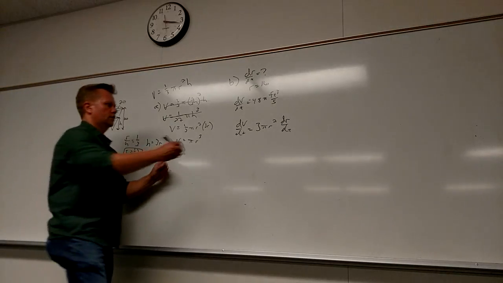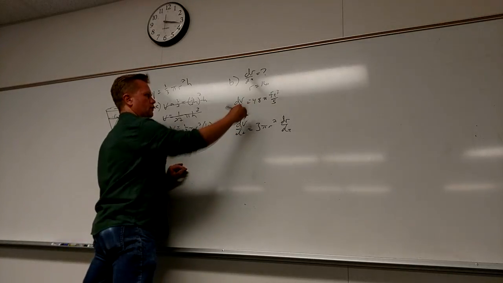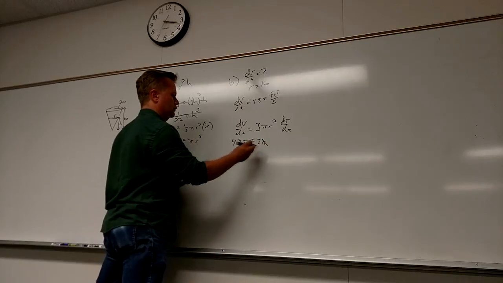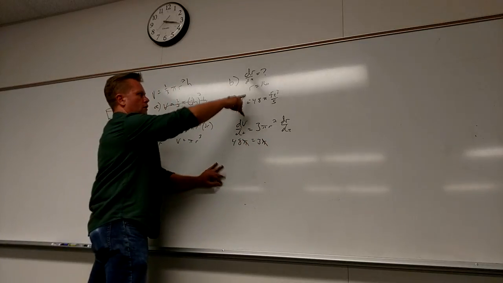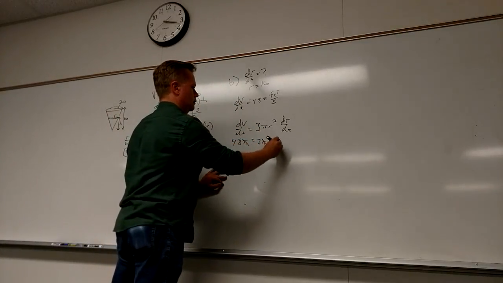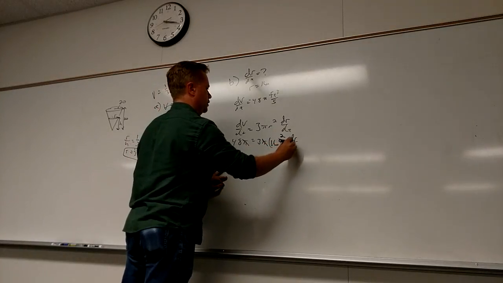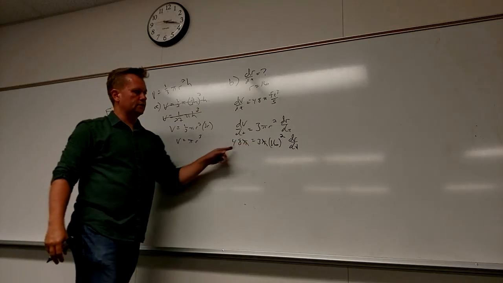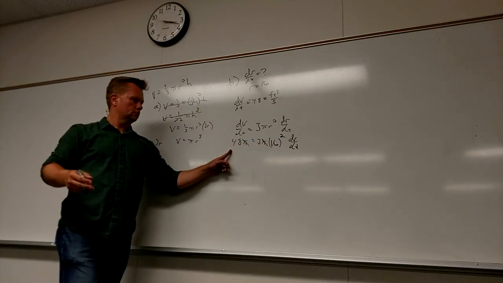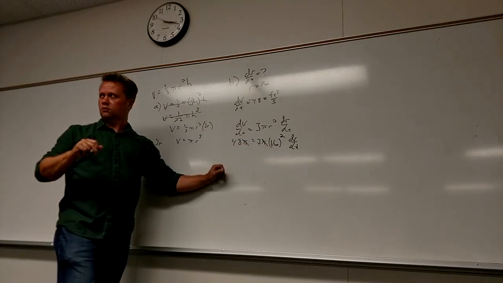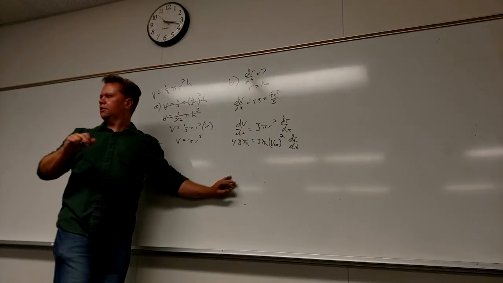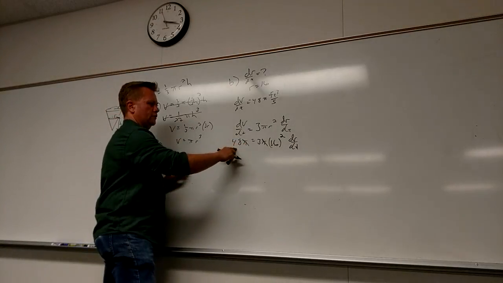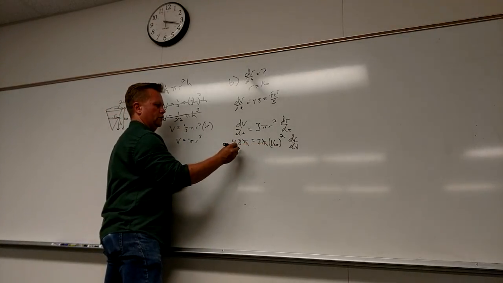All right. So I know dV dt is 48 pi. So the pi's go away. That's nice of Jeff. Thank you, Jeff. r is 16. I'm trying to solve for dr dt. So divided by 3 times 16 squared, one of the 16s cancels.